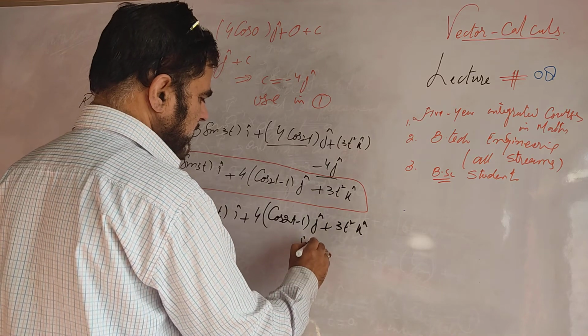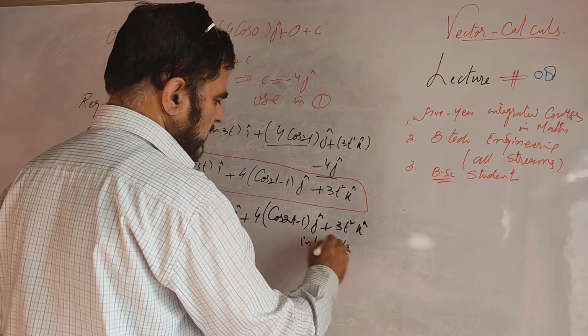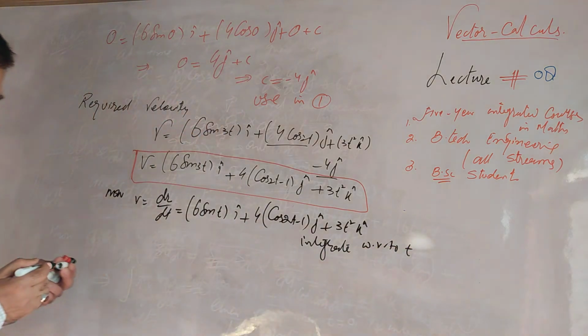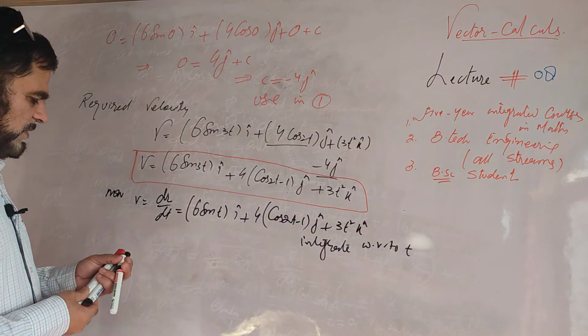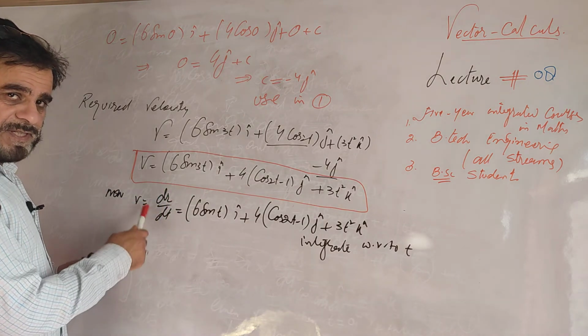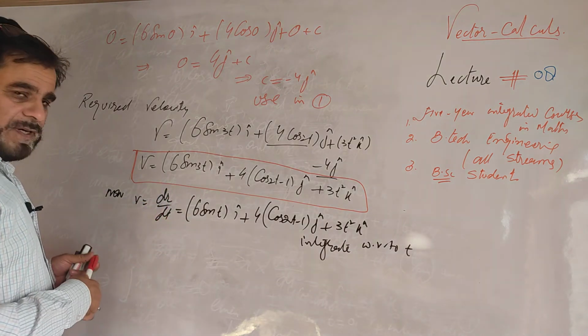Now integrate this with respect to t. When you integrate with respect to t, what do we get here? You will get this r, because v is the derivative of r.